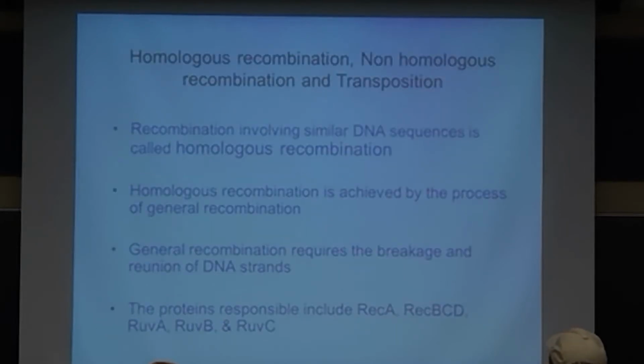So there are multiple types of recombination. It's a very big area of research. A lot is known, but still it is complex. So sometimes it is called homologous recombination.